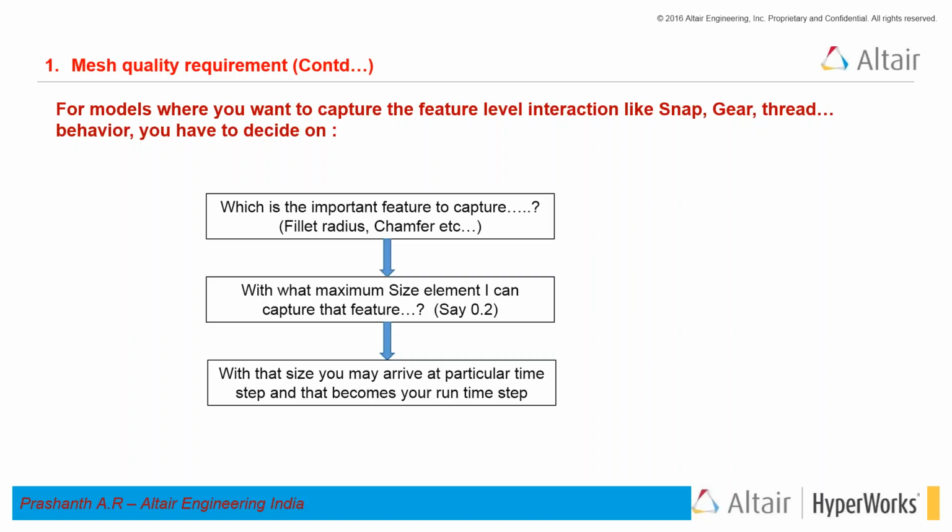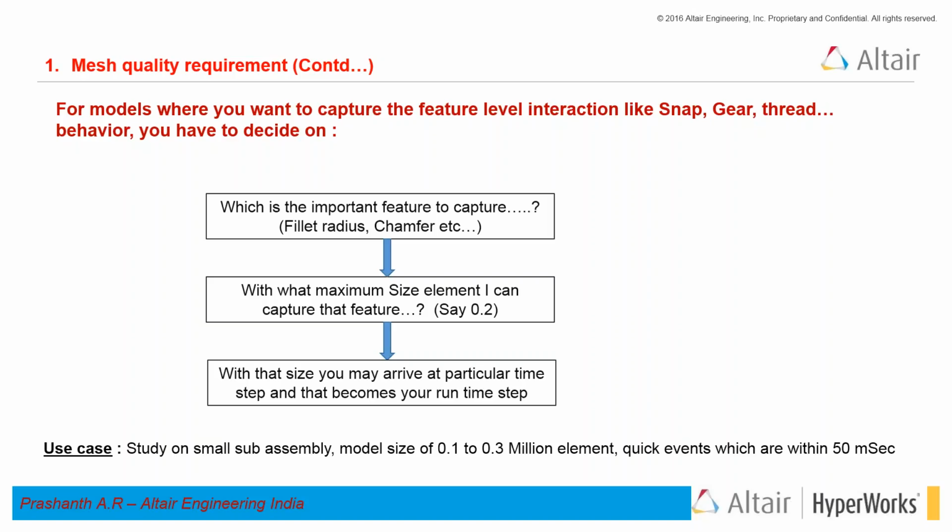In this case, the use cases may be like sometimes you are studying some small assembly where the total model size is smaller, like 0.1 to 0.3 million elements. And here the expectation is the events are quite fast.